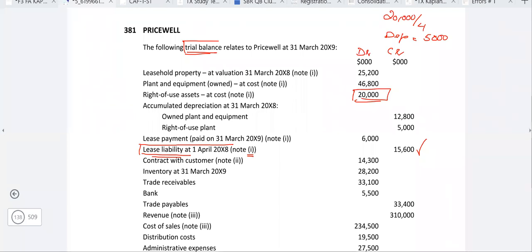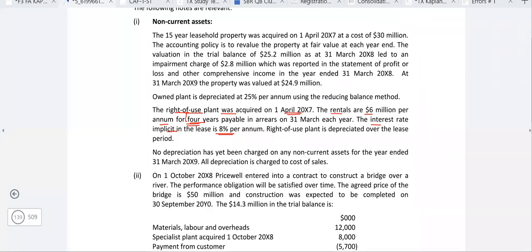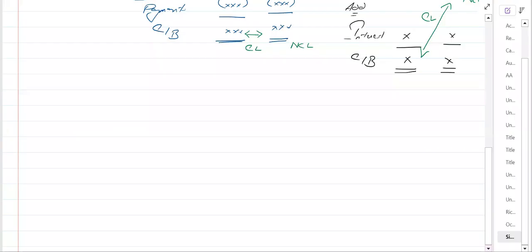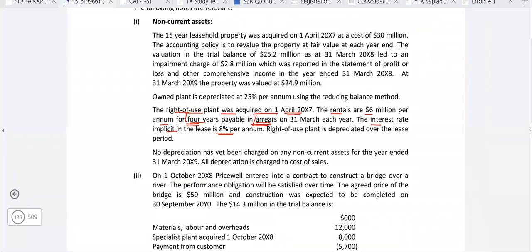Then for the lease obligation, you take this balance, which is the opening balance, and it says the rentals are 6 million per annum in arrears. So it is clearly mentioned over here. So you just go and choose the working of opening balance. And opening balance is given in the question, 15,600.